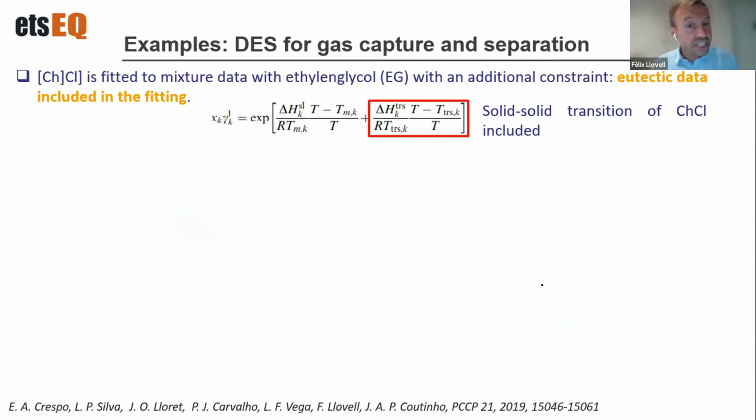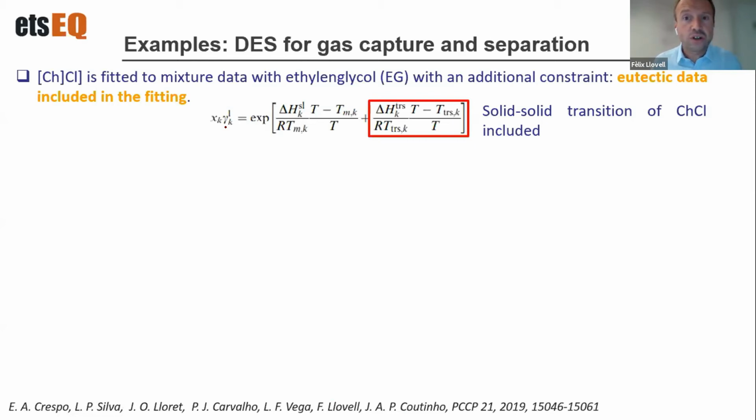However, considering the complexity of choline chloride, it was decided to use a mixture with ethylene glycol, where many density data were used. This was work done with Emmanuel Crespo and Professor Joao Coutinho, whose group has a lot of density data at different pressures. So not only atmospheric pressure, but also high pressure data was used.